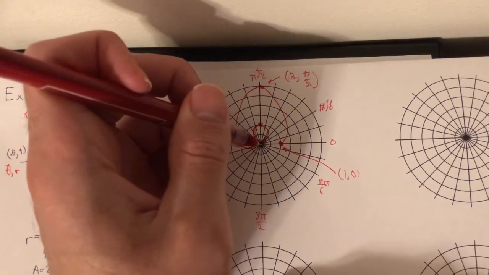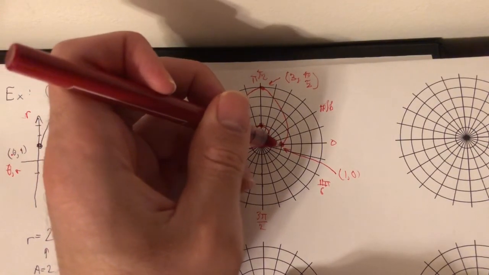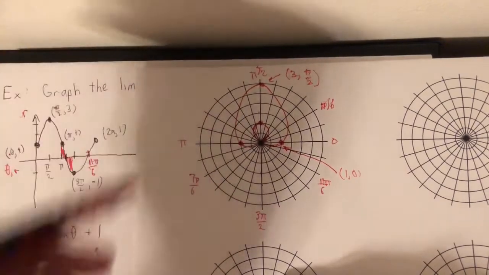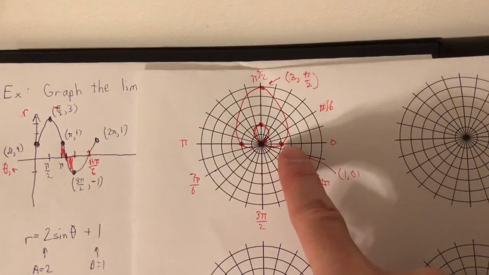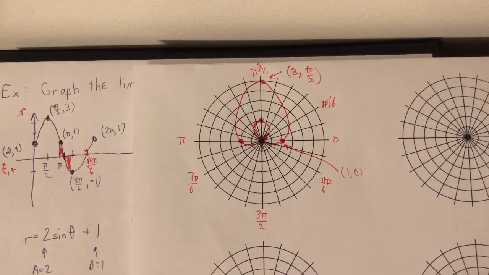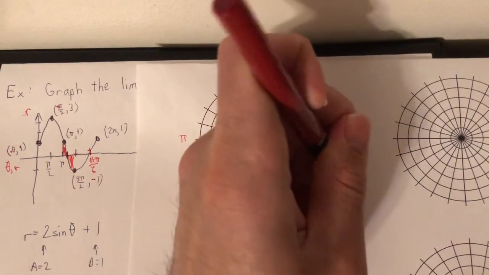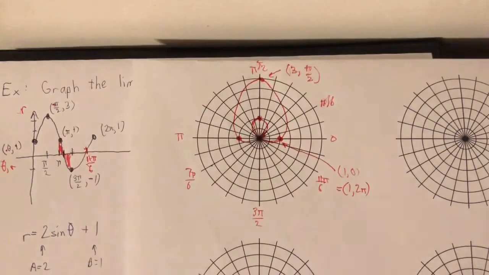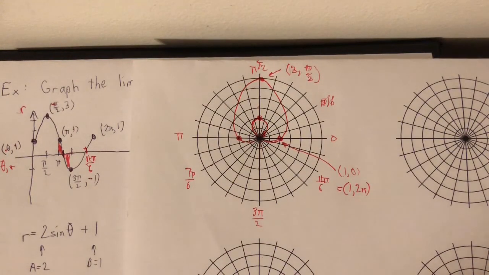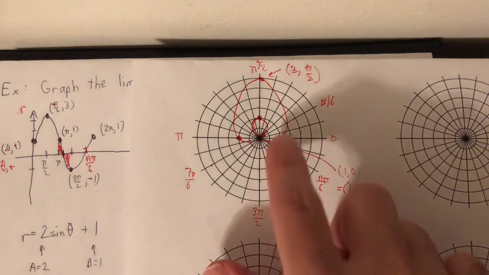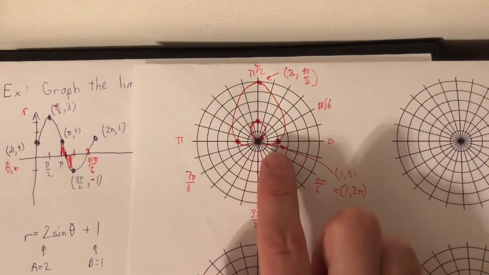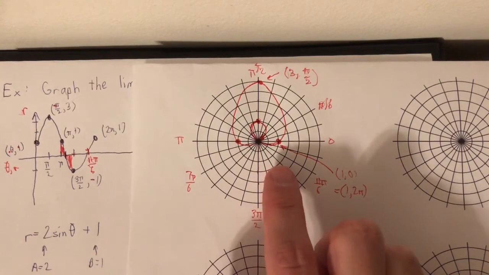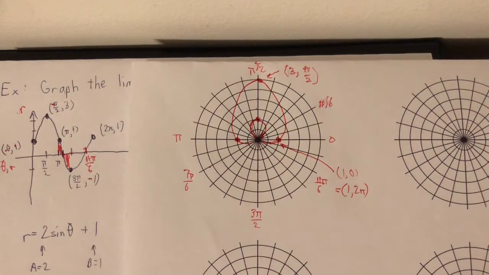Then I'm going to come out just past the 11 pi over 6 direction back to my point r equals 1, theta equals 2 pi. Right? So this is what they call a limaçon with inner loop. So you can see the inner loop there. Contrast that with the cardioid where it looked more like a heart. It just came to a point.